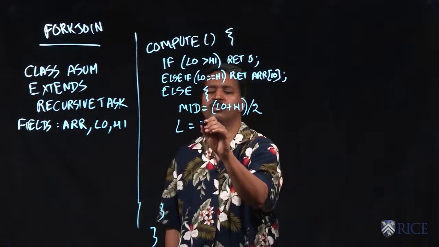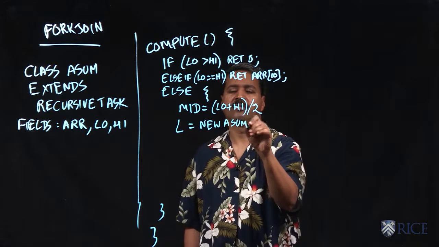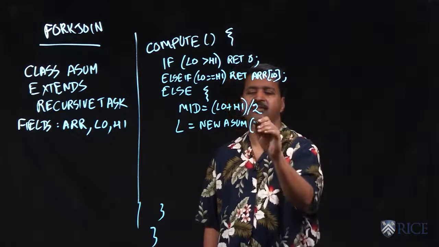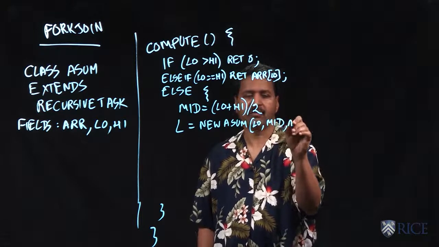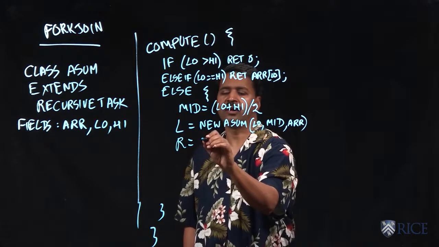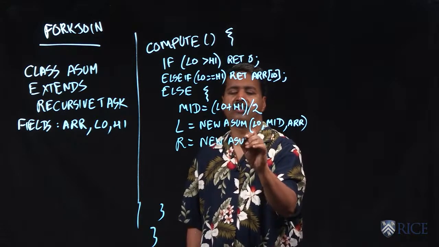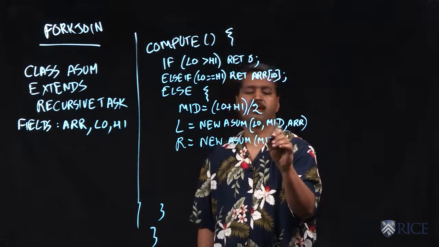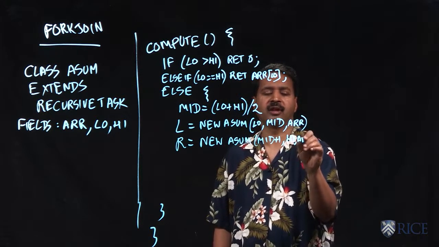We create new objects for the left half of the array, which would go from low to mid with array, and the right half of the array that we want to compute the sum of, where it'll go from mid plus 1 to high and also pass array.